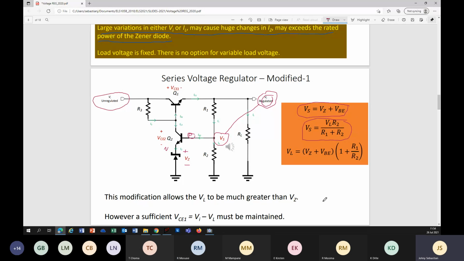Yes, sir. If that is the case, our problem is solved. Why? V sample and V sample. So basically, VZ plus VBE can be equated with the second right-hand side.